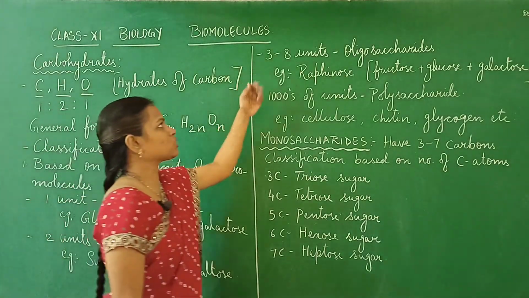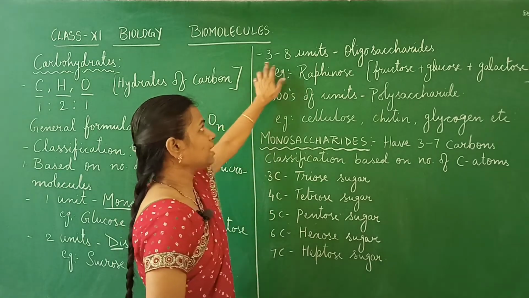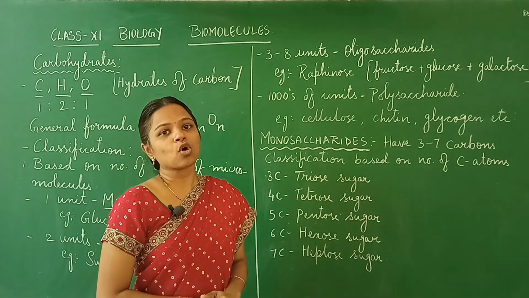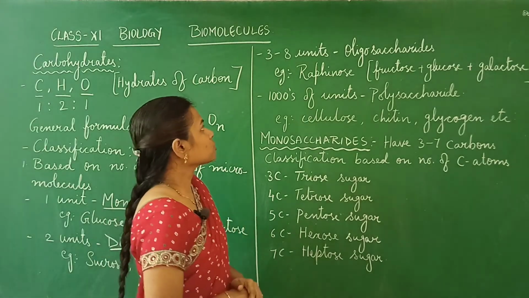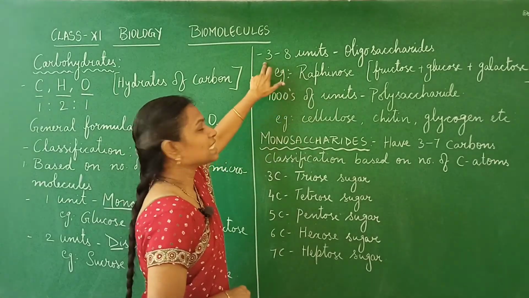Now, coming to the next one, if the units are 3 to 8, then all such carbohydrates are called oligosaccharides. The best example is raffinose. Raffinose is a trisaccharide.